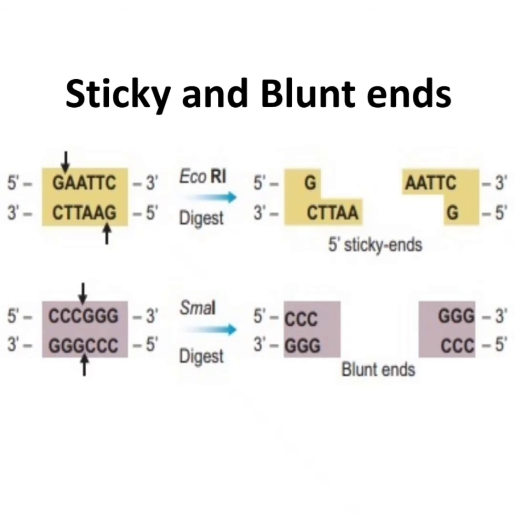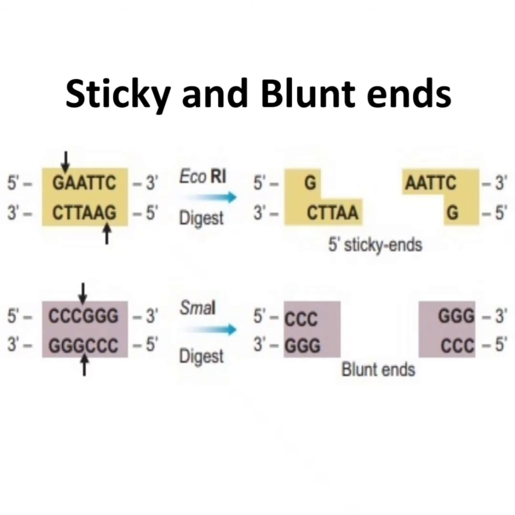So this results in the formation of 2 fragments, G in the above strand and CTTA in the lower strand as one fragment, and AATTC in the above strand and G in the lower part of the complementary strand, forming 2 fragments which have sticky ends. In the lower image you can see 5' CCCGGG 3', and the complementary strand 3' GGGCCC 5'.